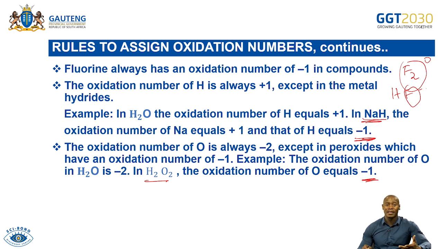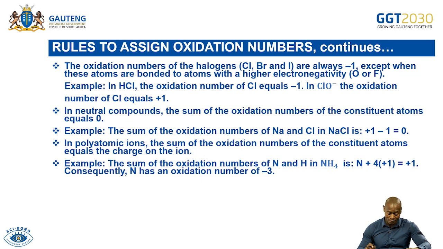In almost all the cases, its oxidation number is -2, but when it comes to peroxides, it changes. For example, in hydrogen peroxide, its oxidation number is no longer -2, but -1. Those are some of the rules to assign the oxidation numbers.